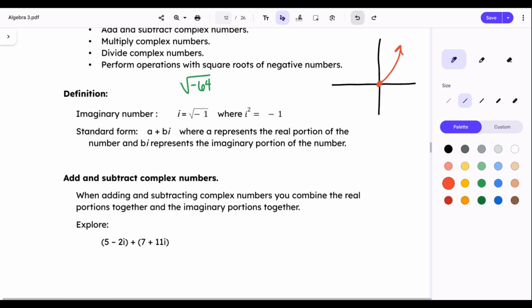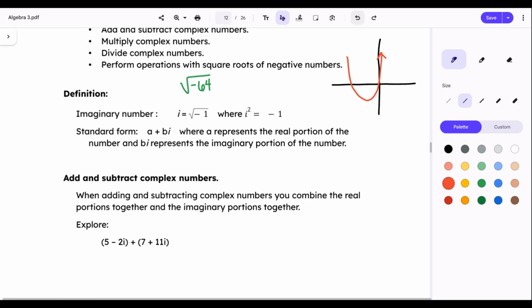But when we start to move the parent graph around, say it gets shifted like this, now there's a spot where it hits the x-axis here and here. That would have two solutions that we should be able to find, whether we're factoring or using another method.